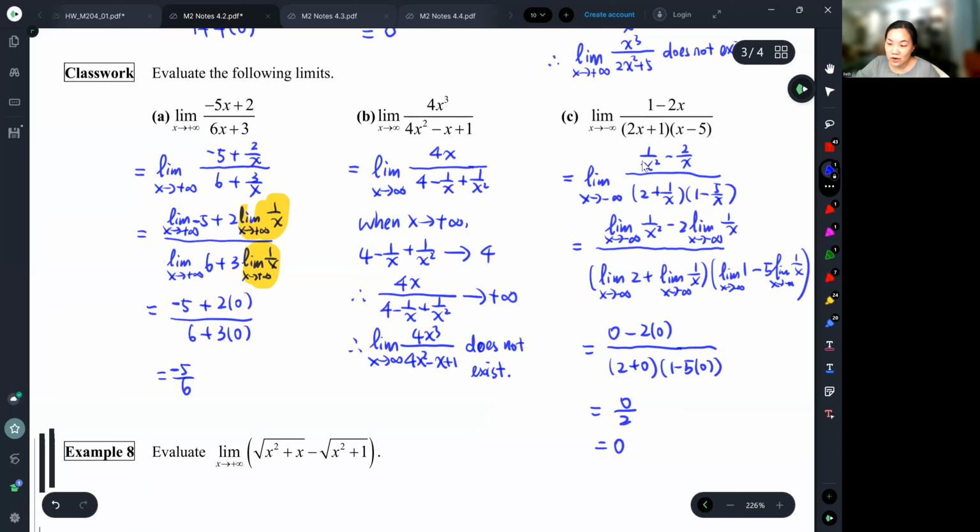I divide x squared here, and for the denominator, I divide x in one bracket and another x in another bracket. Is that fine? So altogether, I divided x squared. I spread them out, therefore I don't have to expand. I don't have to break the brackets.